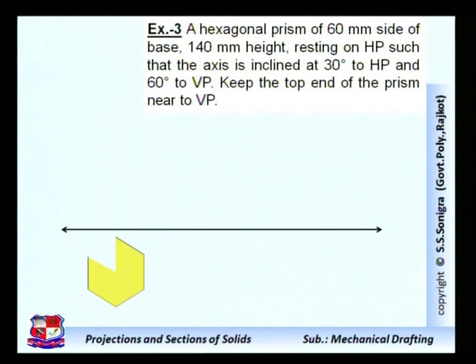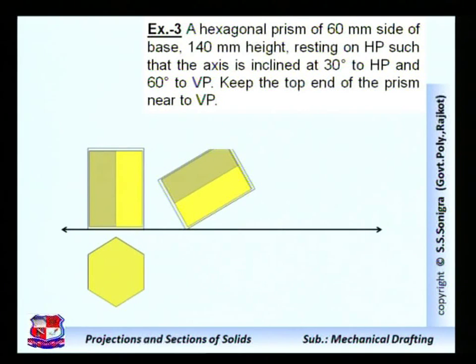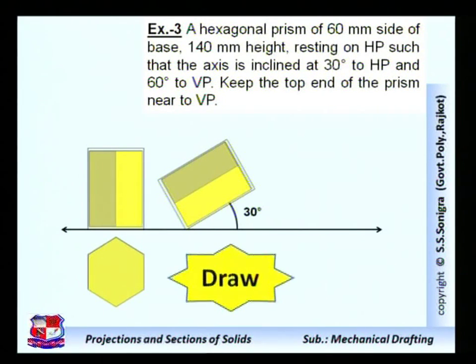Then we draw a hexagon below the XY line such that two sides are perpendicular to the XY line. This is the front view, it's a rectangle, and rotate this front view at an angle of 30 degree with the XY line. This angle is 30 degree, and draw this top view by taking projections.